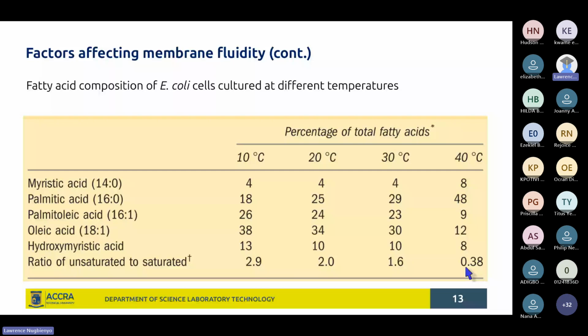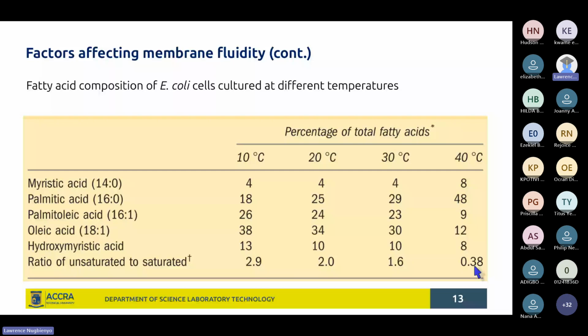All right, so if the temperature will be causing more fluidity of the cell membrane, then the organism must adapt to that higher energy. And to adapt to that higher energy, the organism synthesizes more saturated fatty acids.